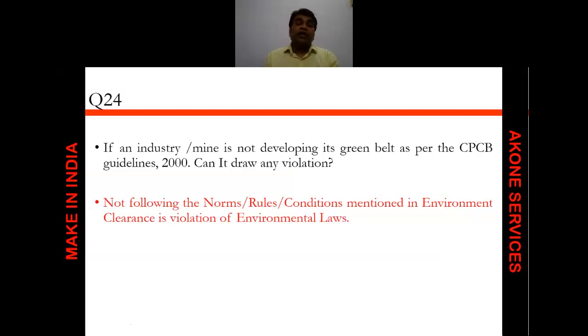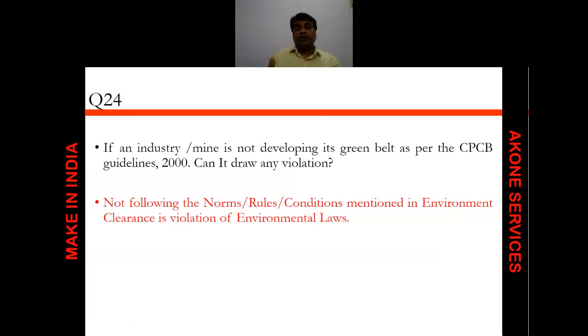So otherwise, you can go for a change in environmental clearance, if there is a specific reason. When we did the presentation on violation, we already discussed that outside the premises, sometimes they can consider your green area as green belt, if you do not have adequate space.